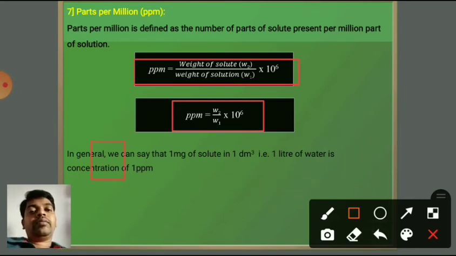If you dissolve 1 milligram of any given solute in 1 liter of solution or 1 liter of water, that solution becomes 1 ppm concentration. 1 milligram in 1 liter becomes 1 ppm concentration. If you dissolve 10 milligram of any given solute in 1 liter, that solution concentration becomes 10 ppm.